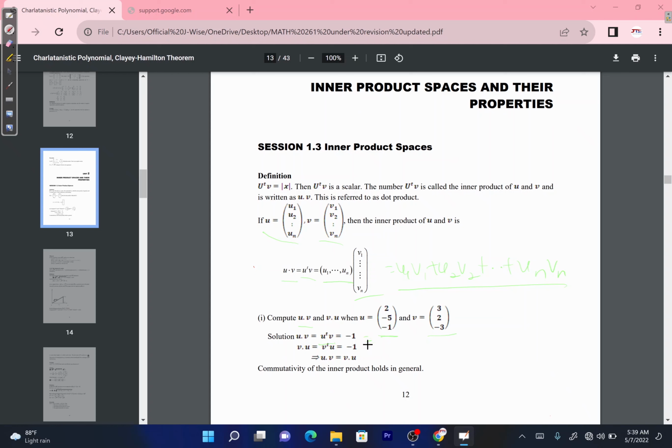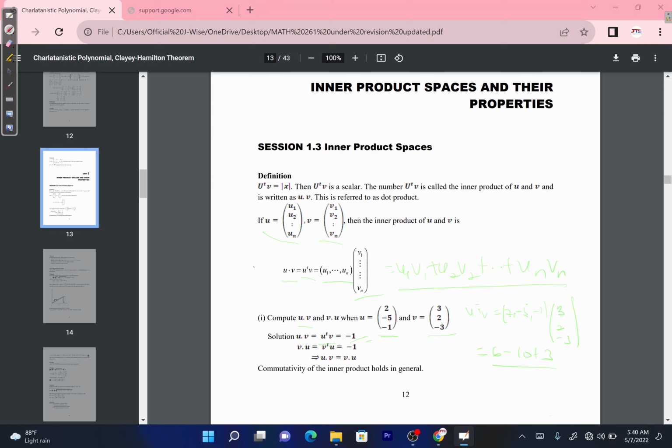So u transpose v is given by 2, -5, -1 multiplied by 3, 2, -3. When we solve this, 2 times 3 is 6, minus 5 times 2 is minus 10, plus 3. When you simplify this, you get -1.